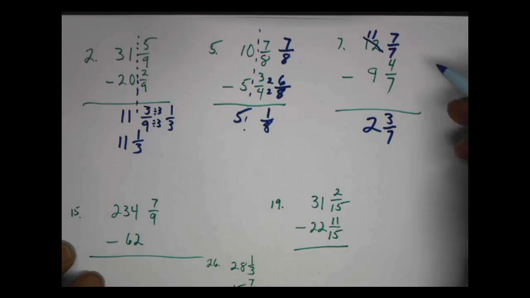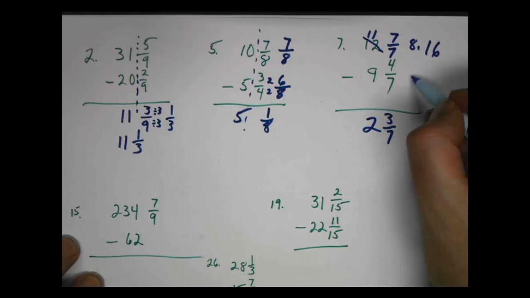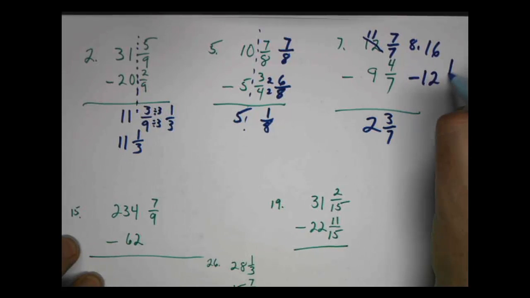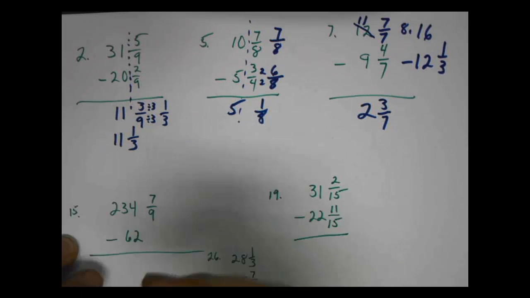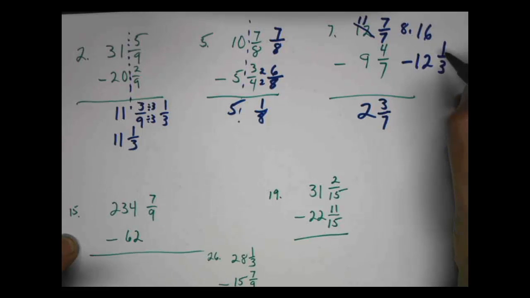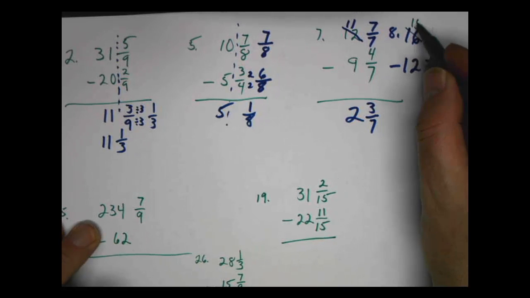Let's do another one of those real quick. Let's look at number 8. We have 16, take away 12 and 1/3. We don't have anything here, so we're going to have to borrow from the whole number. So that becomes a 15.